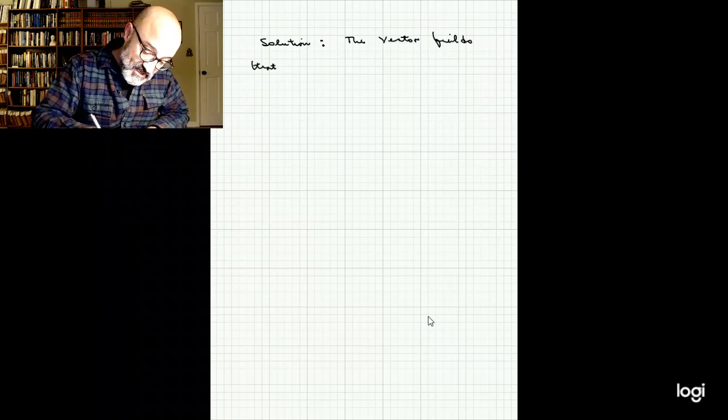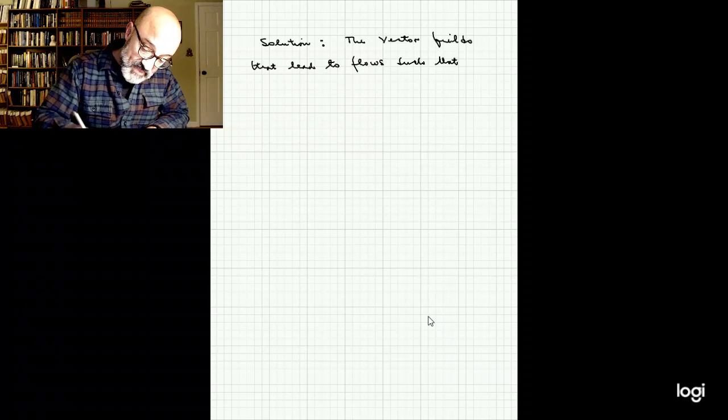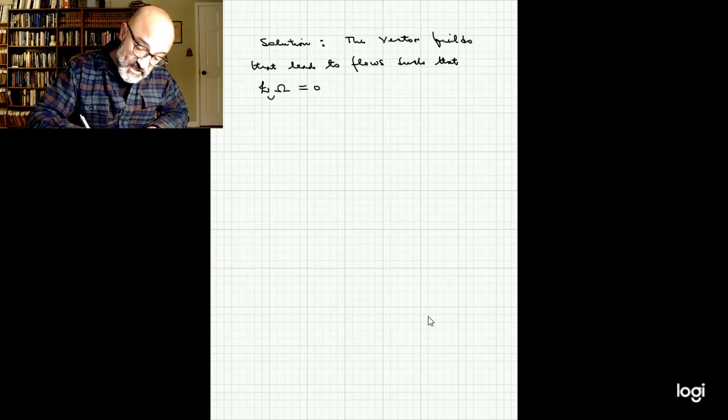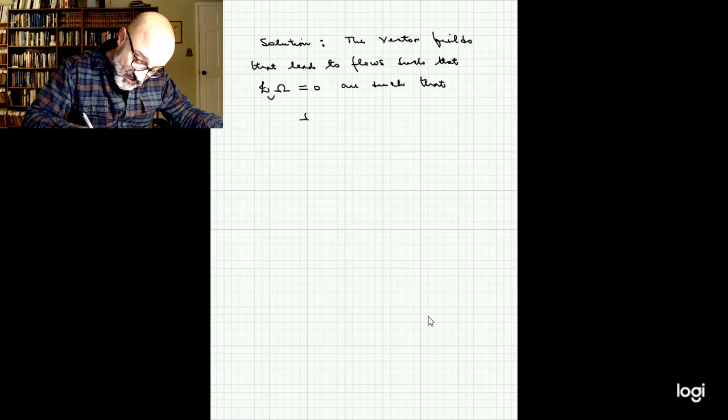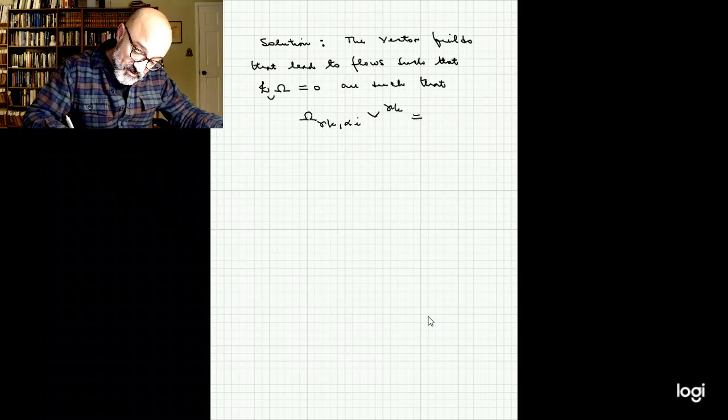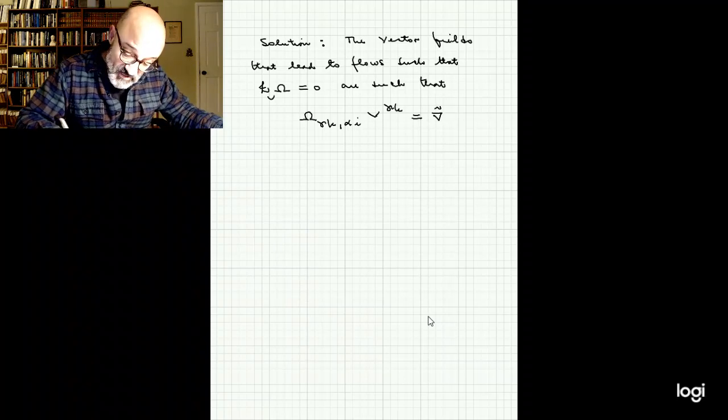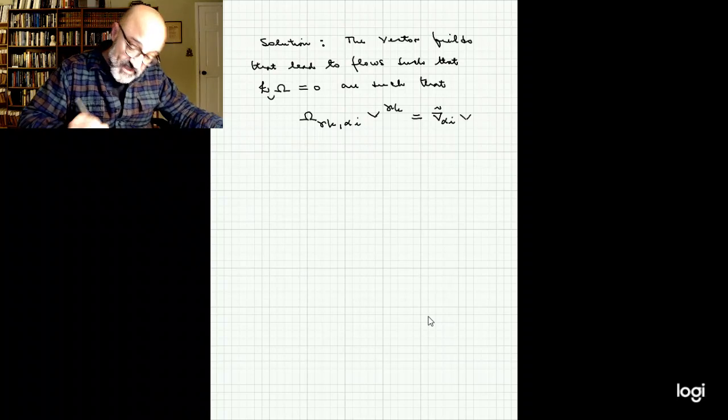that lead to flows, integral curves, such that the Lie derivative of the symplectic form vanishes, are such that this particular object here, gamma k alpha I, is going to be the component alpha I of the gradient of a scalar function.